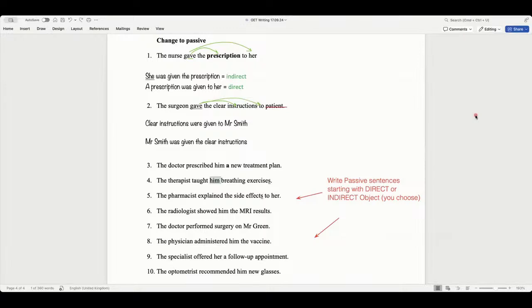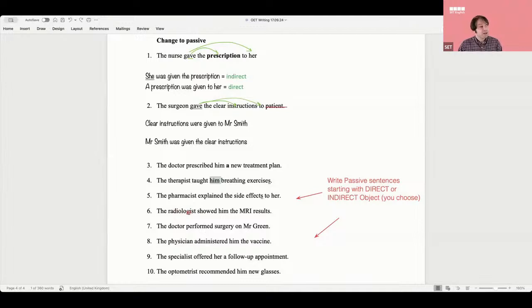Number 6. When I started with MRI, can I use active? Because you said it is like a thing. Yeah, the MRI showed. I get it. I see what you mean. In this case, this is the action of the radiologist.